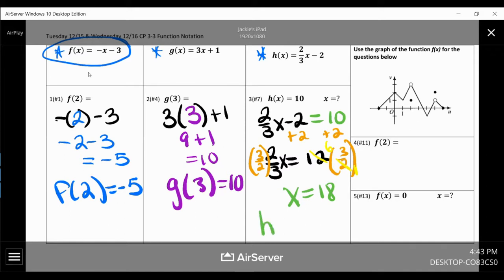That means h of 18 equals 10. Okay, always try to end the problems back in function notation to kind of cap off the problem.